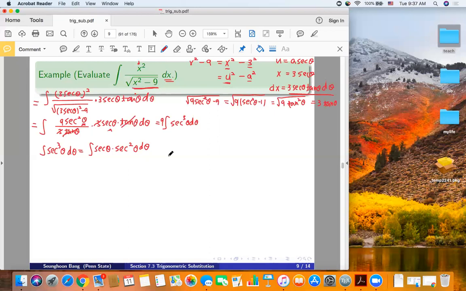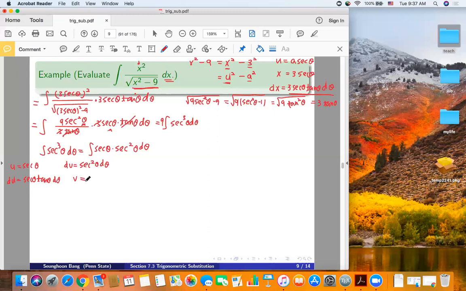We have only one remaining method: integration by parts. You choose u and dv very carefully. So u is only secant theta, and dv is secant squared theta d theta. Then du is secant theta tan theta d theta.